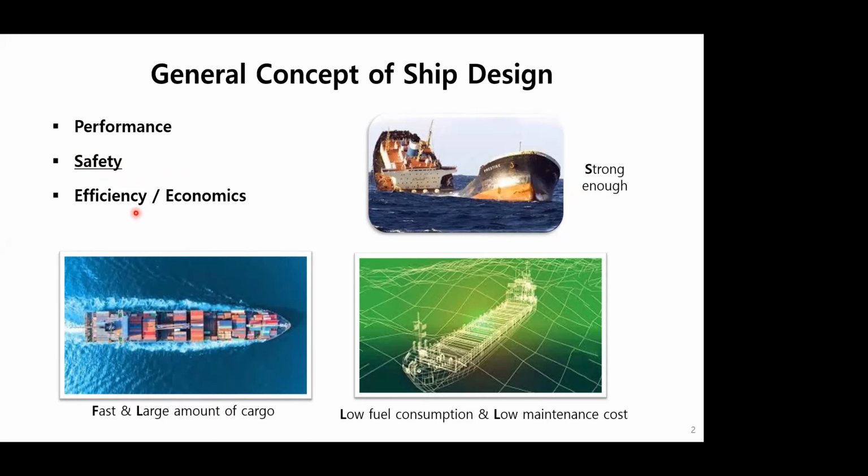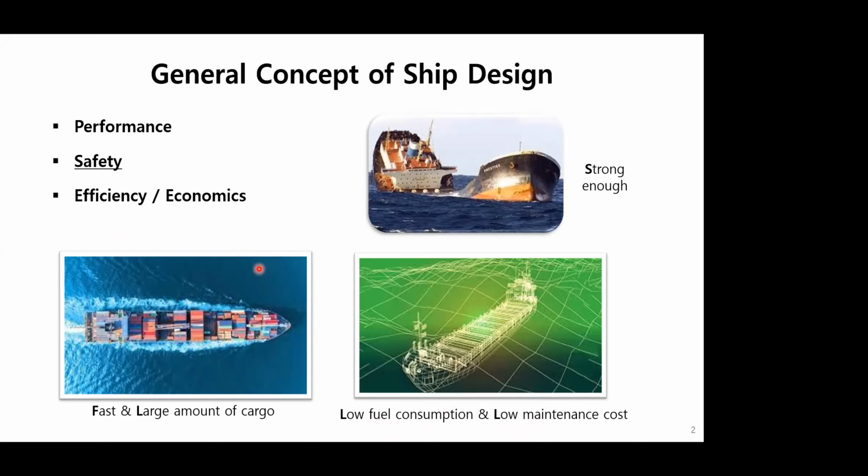Third, efficiency or economics. We should have good value to construct and maintain from a point of cost against the benefit. It should demonstrate low fuel consumption as well as low maintenance cost.